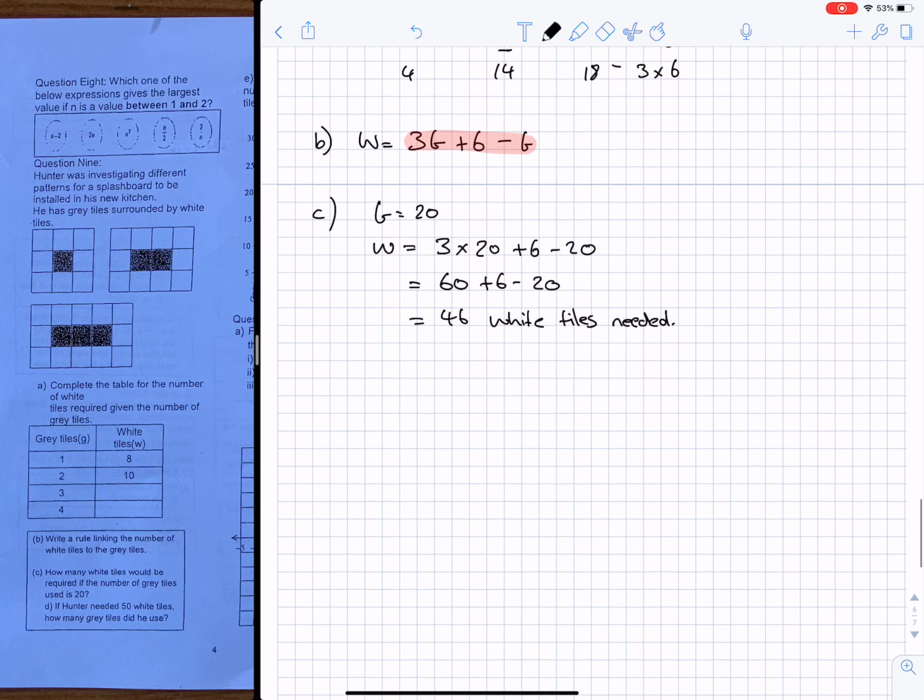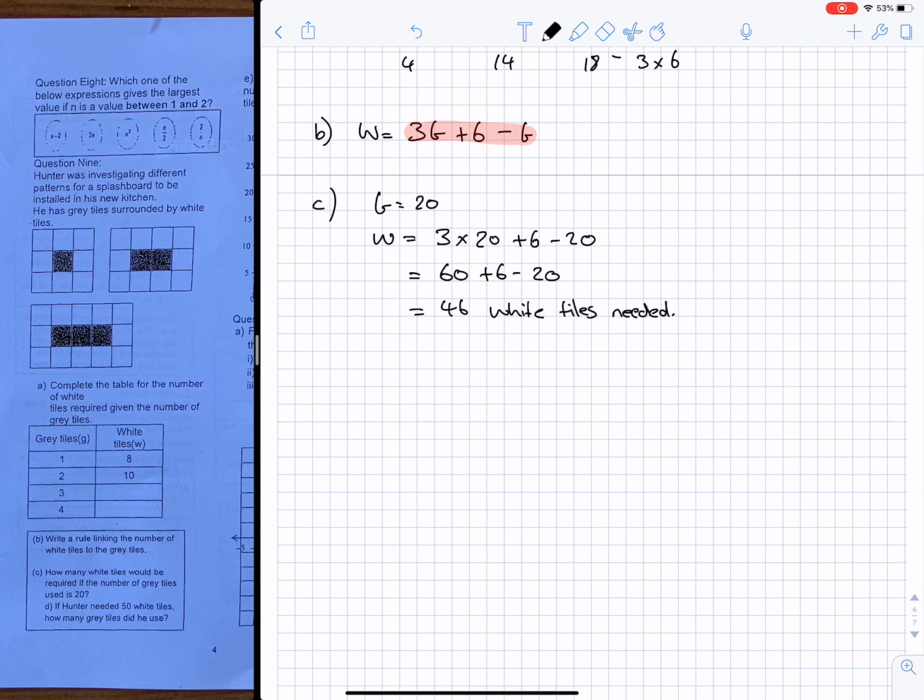Okay. D. If Hunter needed 50 white tiles, how many grey tiles did he use?